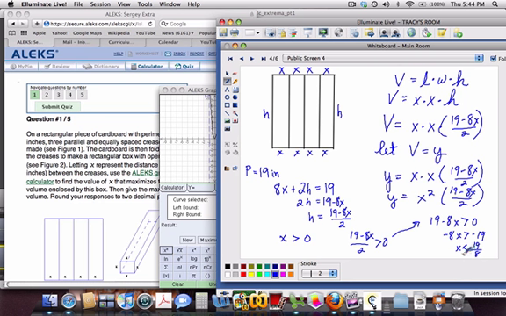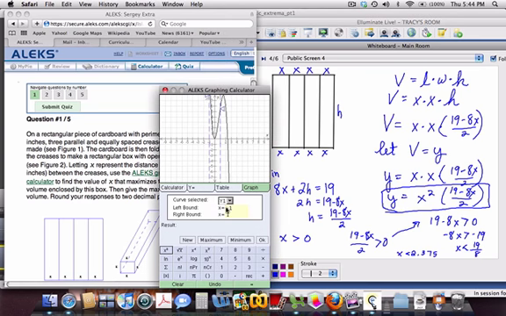So 19 divided by 8 is 2.375. So this is going to be our right bound. I'm just going to put a box around this so we keep focused that that was what we used. Alright, so our left bound is 0 and our right bound is 2.375.